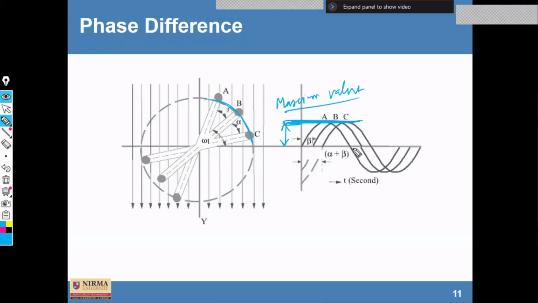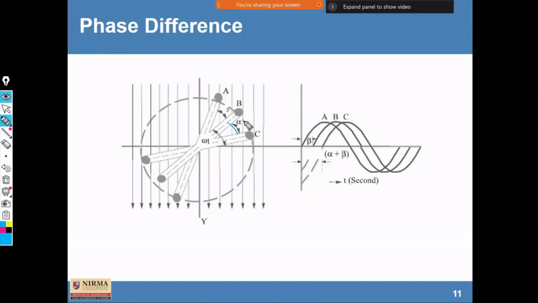Fine. But what is the difference? The difference is an angle. So here there is an angle between B and C is alpha, and between A and B, beta. Fine. So if you consider the first quantity A, which is represented as a pink color diagram.